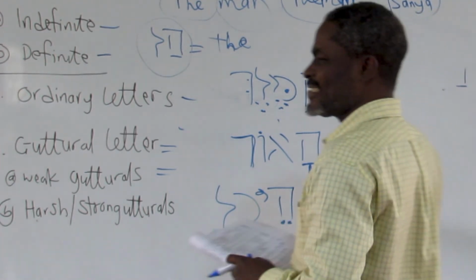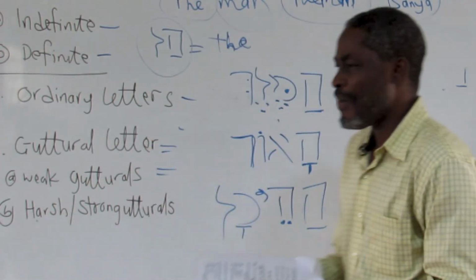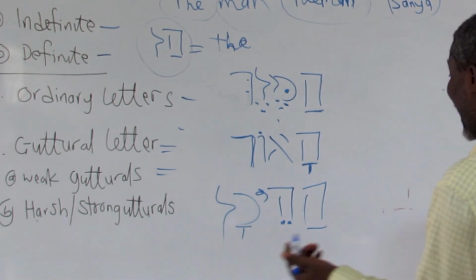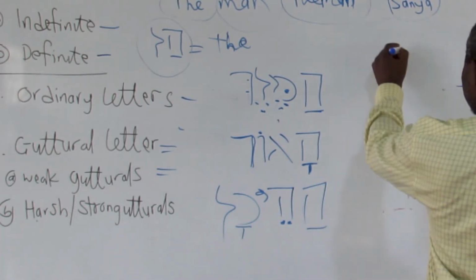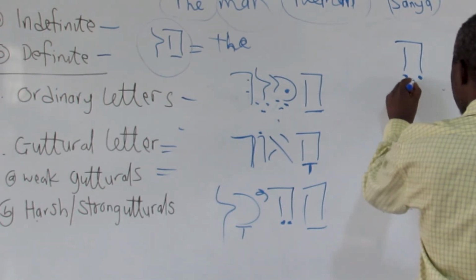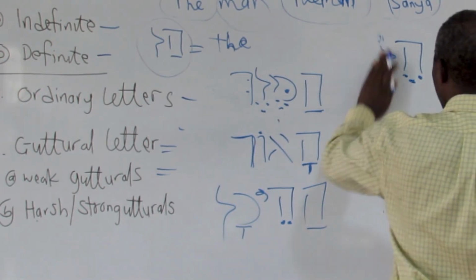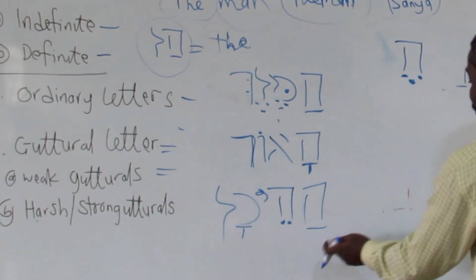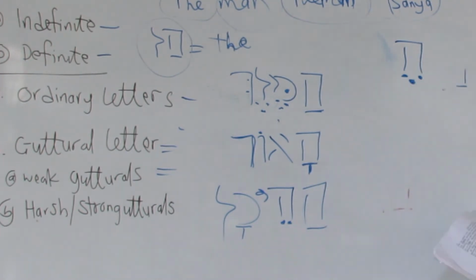Now, these two principles are important, but apart from that, you can also have a divergent case where the article is going to have a segol instead of pata or kamets.